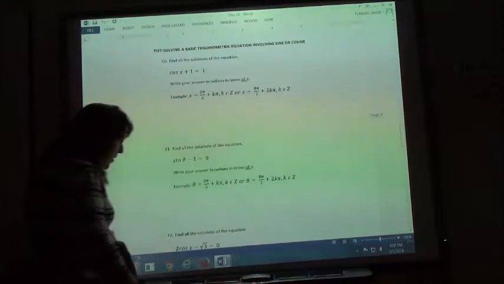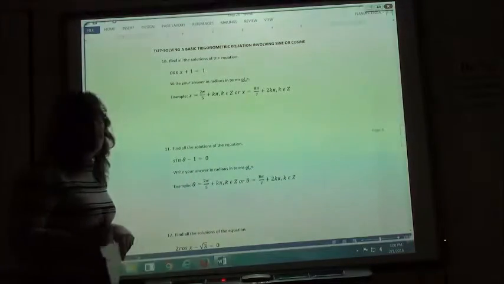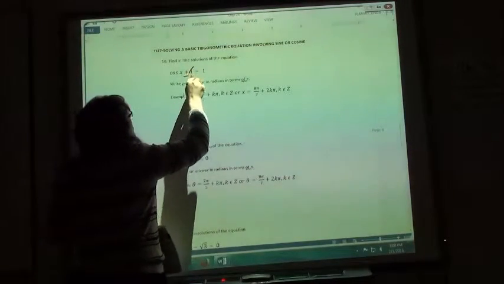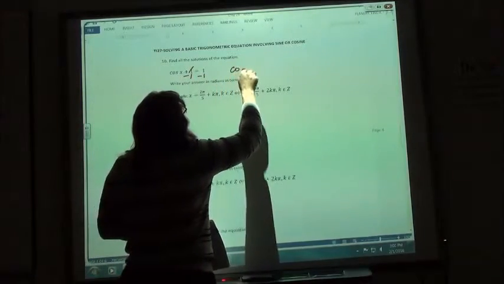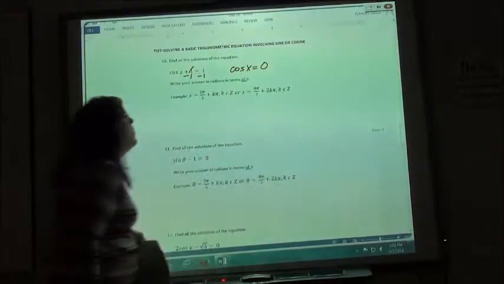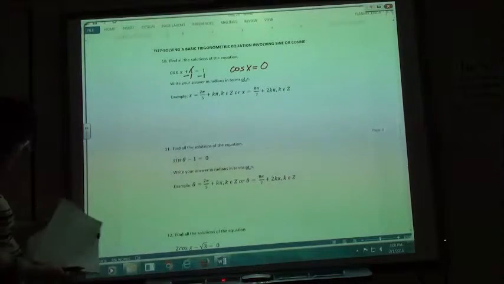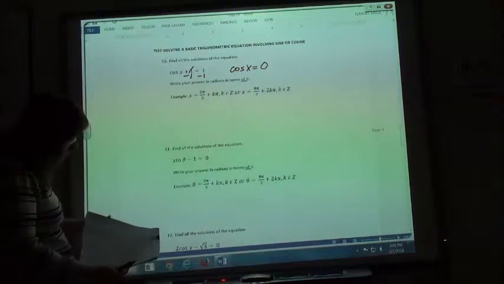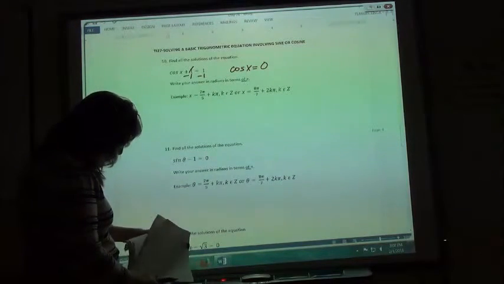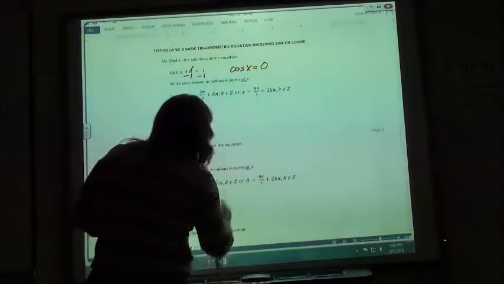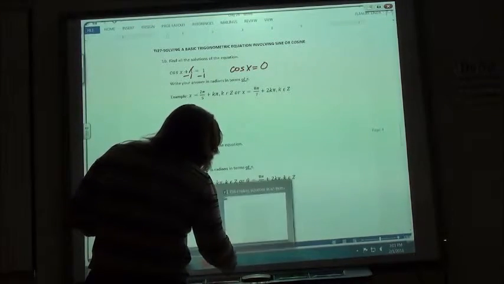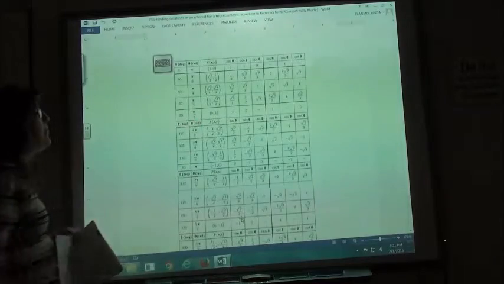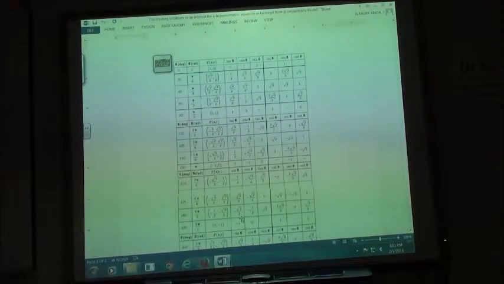So first thing we want to do is solve our equation just like we did before. So we're going to subtract our 1 and say, okay, the cosine of x is equal to 0. We're then going to go back on our table that we used before. I didn't flash that up there, it's going to erase my board, but I can rewrite that. You want this table again where you can look up your sine, cosines, and tangents.